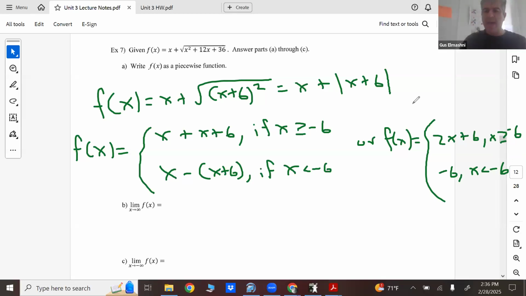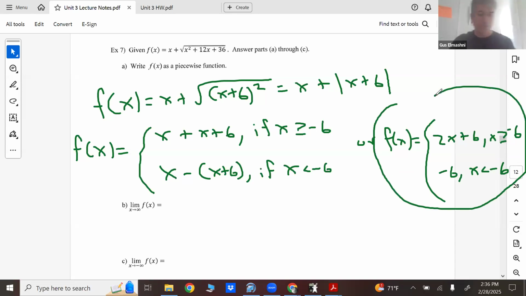So now that's the function I'm looking at. Okay, let me erase the board. Now for part B, if x approaches infinity, am I using the top expression or the bottom expression? That's how piecewise helps you.